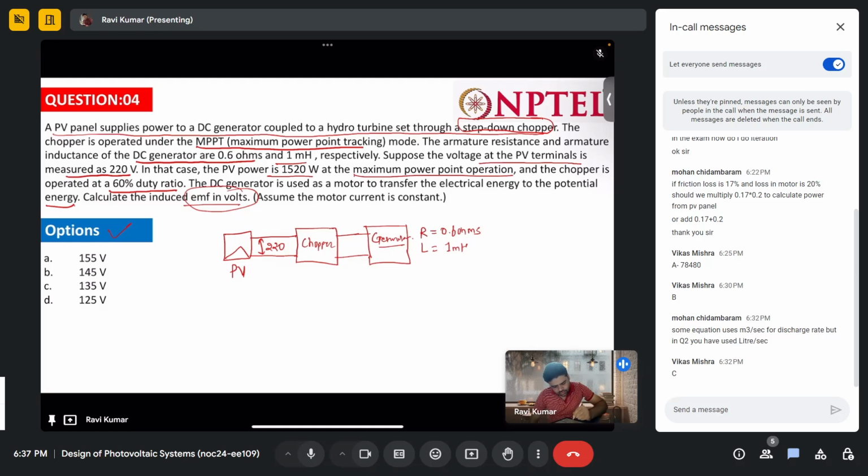Suppose the voltage is 220, the PV power here is 1520 watt. And here the duty ratio is given as 60%. A DC generator is used as a motor to transform the electrical energy into the potential energy.